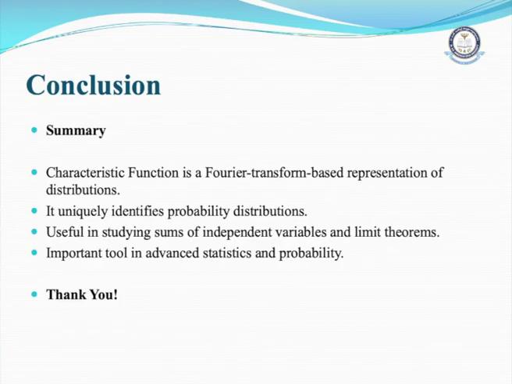So, in some cases only it is possible to find the generating functions, not in all cases. Okay. And it is useful in studying the sum of independent variables and limit theorems also. It is an important tool in advanced statistics and probability. In probability theory we are applying these types of distributions and these types of generating functions.